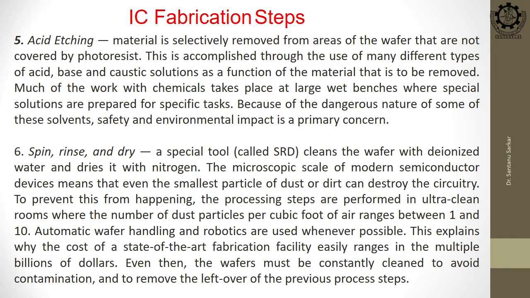Acid etching, you understand that certain chemicals will be used to remove the photoresist, or sometimes dry etching is also used, okay, where ion bombardment or other techniques are used for the removal of the photoresist.